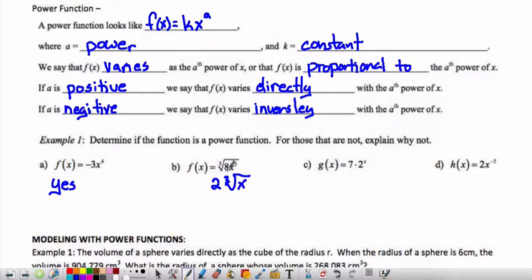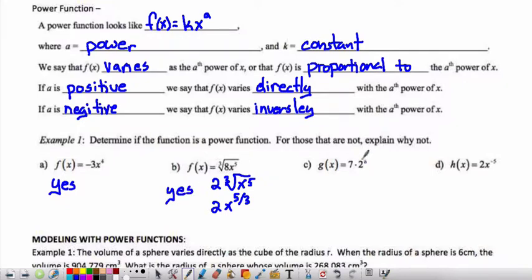So the third root of 8 is 2, and then the third root of 8 to the power of 5. Well, to rewrite this so that it just has an exponent, I can write this as x to the power of 5 over 3. When rewritten in this form, we can see that this is a power function. So this again is yes.